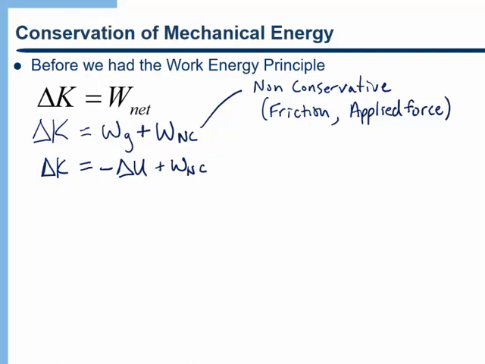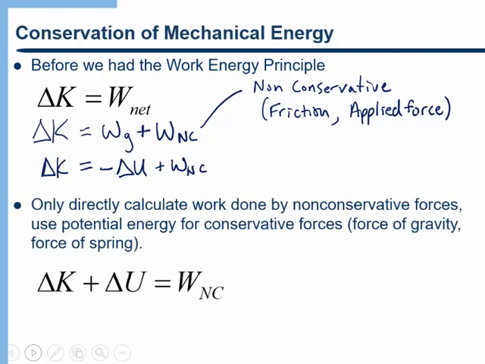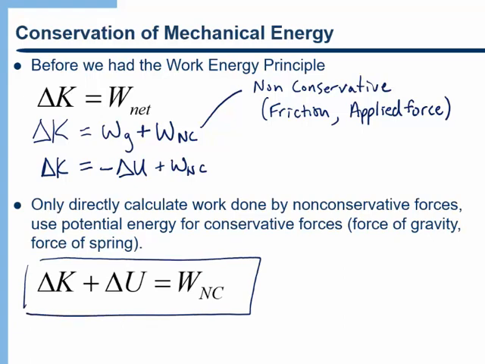And so what we end up with is a new version of the work energy principle. So now we only directly calculate the work done by non-conservative forces. We no longer calculate the work done by gravity because we've replaced that with a concept of change in potential energy.